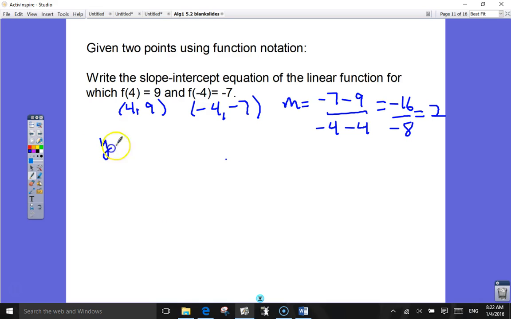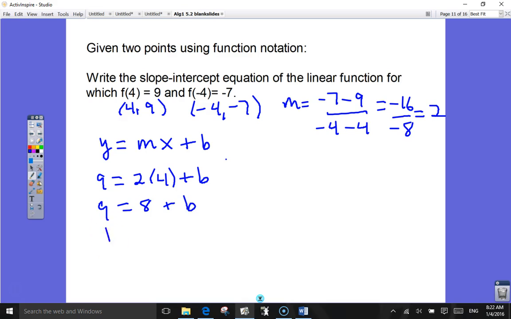So if I start with y equals mx plus b, I'm going to put in 9 equals 2 times 4 plus b. 9 equals 8 plus b. b equals 1. So here's our line. Y equals 2x plus 1.